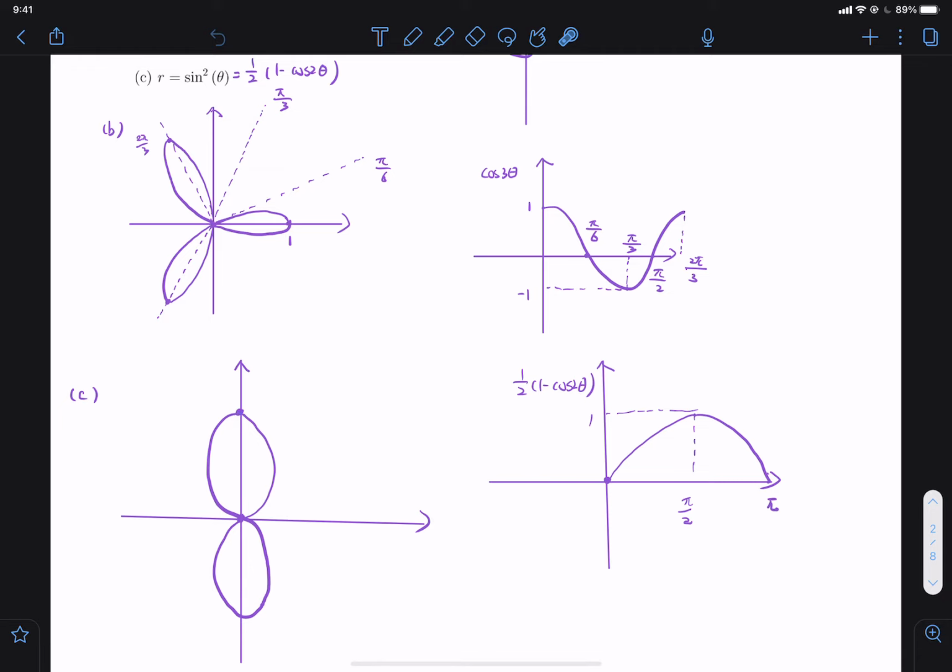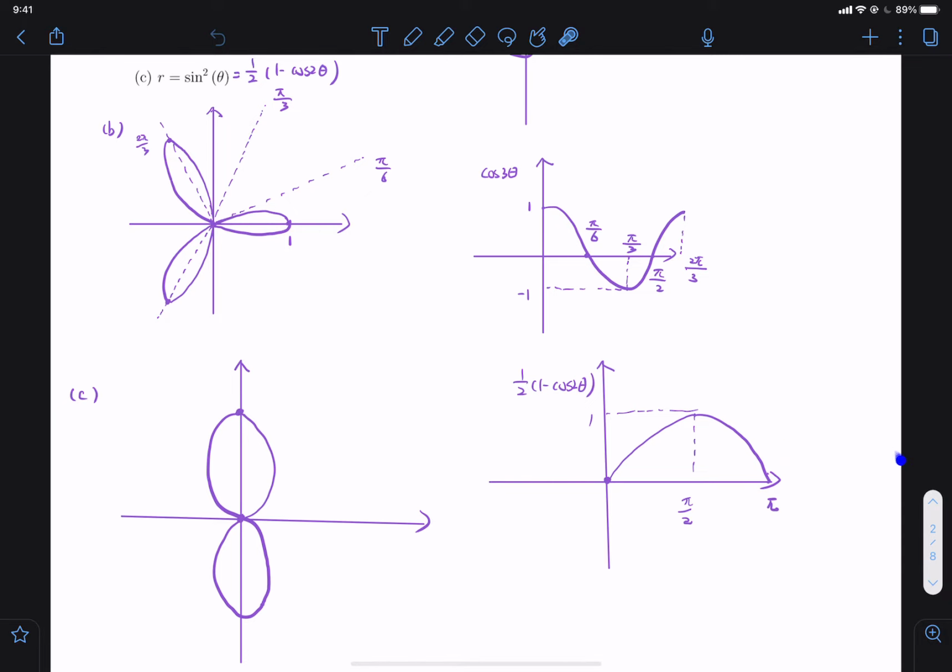But after this point, the distance is going to drop, right, and drop to 0 right at theta equal to pi. So as you continue to rotate counterclockwise, this point gets closer and closer to the origin, and it goes back to the origin right at theta equal to pi, which is here.